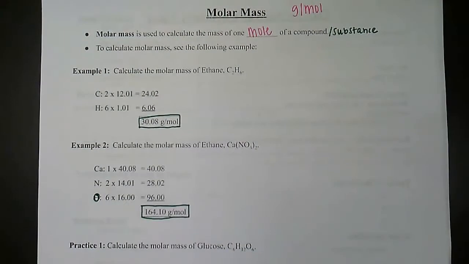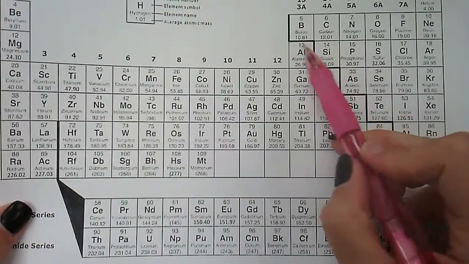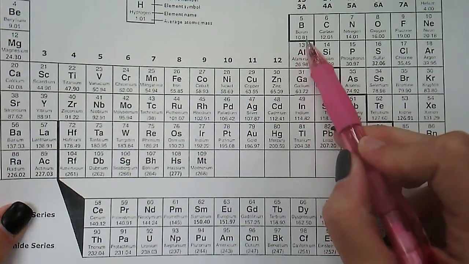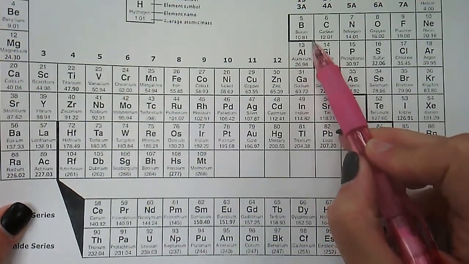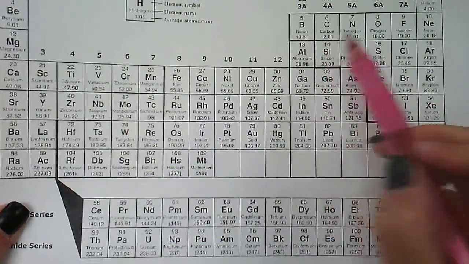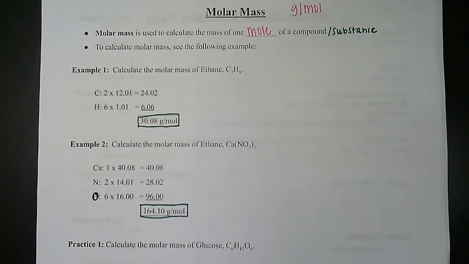But what I can tell you is you can see mass, right? And on our periodic table, we have our average atomic masses for each element. So boron, you can see, is 10.81, and these are all grams. And then carbon is 12.01. So whenever you need to find those mass values, you always look at your periodic table.